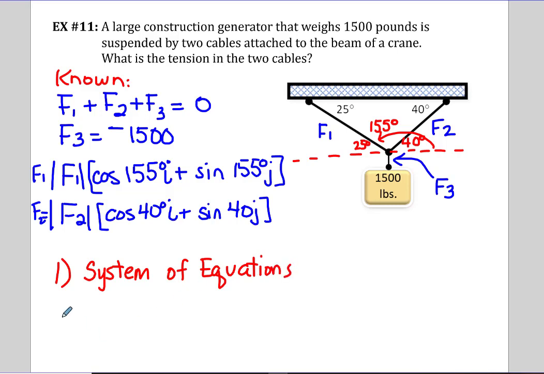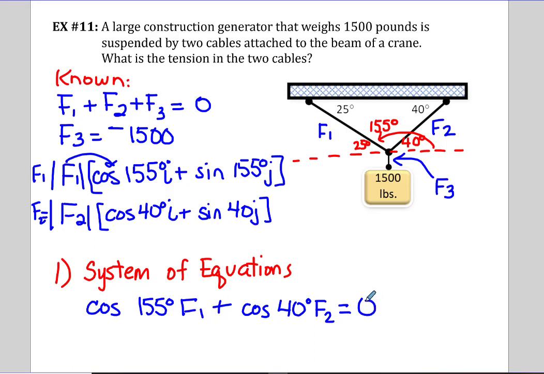So my system of equations, the first equation is going to be cosine. If we distribute that, we've got the cosine of 155 F1 and the cosine of 40, because I'm adding these two together, and they have to equal 0.